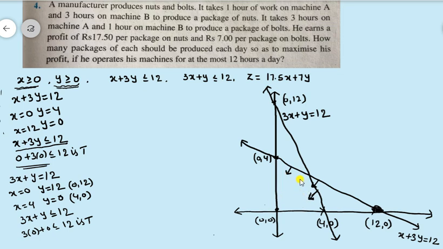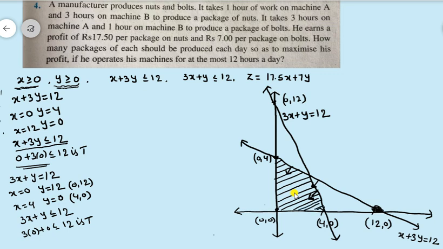This portion is called the feasible region, or the solution region. First of all, shade that portion. This is the way of shading it. This is the feasible region where the objective function has its optimal value. Optimal value means either the maximum value or the minimum value. In this particular case we have to get the maximum value, that means the maximum profit.